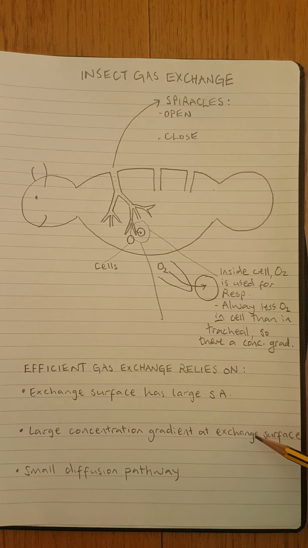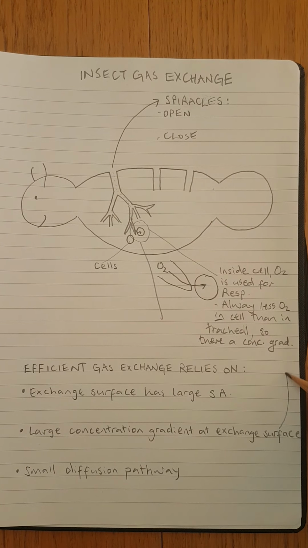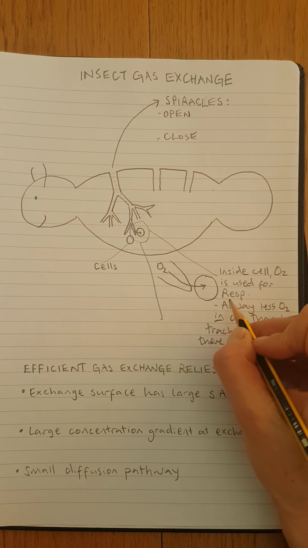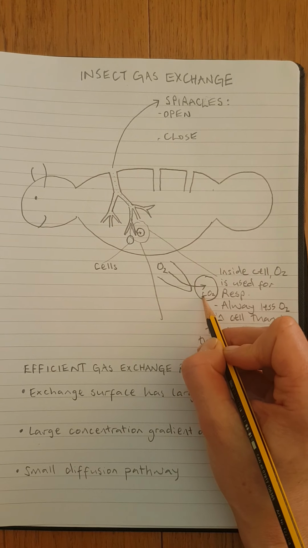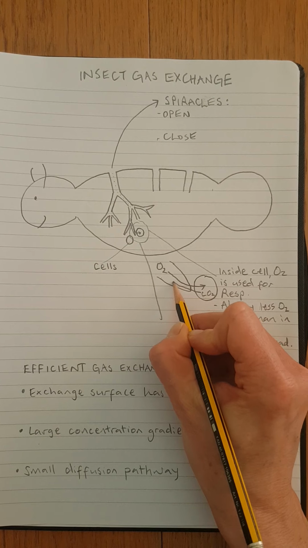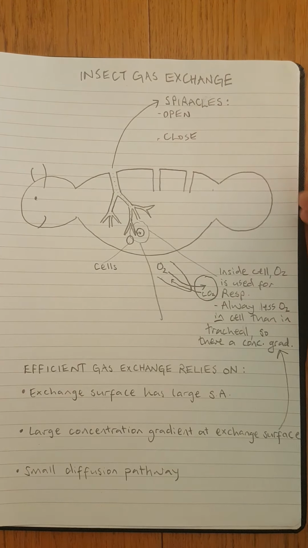And one thing that we can say is that that's achieved by the oxygen inside the cell being used up, and of course, fresh oxygen coming into the tracheal. So we can draw a little arrow up to here. The other thing that's happening, of course, is that as respiration happens, carbon dioxide is being produced. And there's going to be more carbon dioxide inside the cell than there is outside. And so it will tend to diffuse out in the right direction and eventually diffuse out into the atmosphere, which is exactly what is needed.